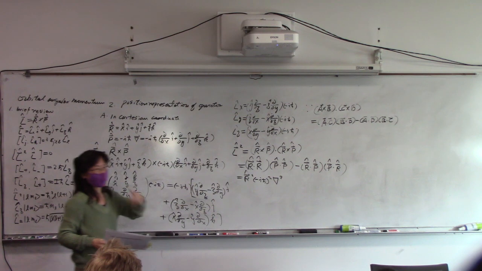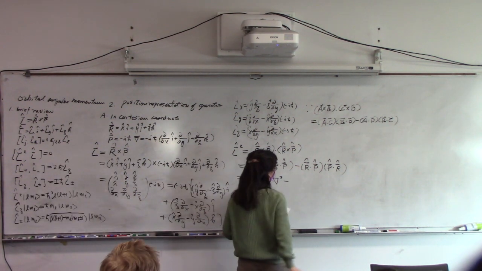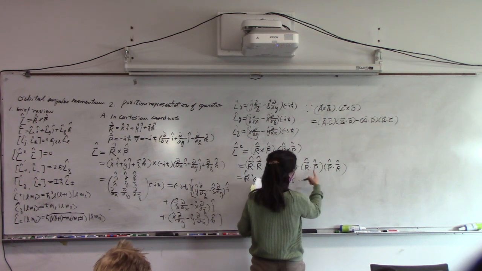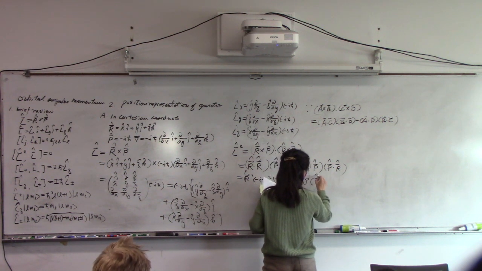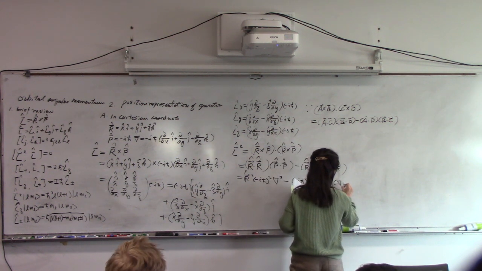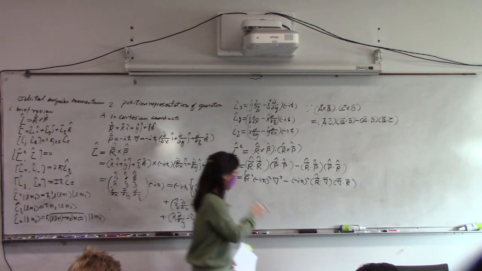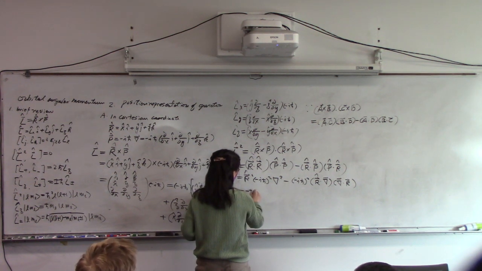So the gradient squared is the Laplacian, right? So we keep the first term here, and next this one. We have a minus iħ, minus, we have a minus iħ squared. Then this part is r. We also got this gradient. Here is minus ħ squared, right?